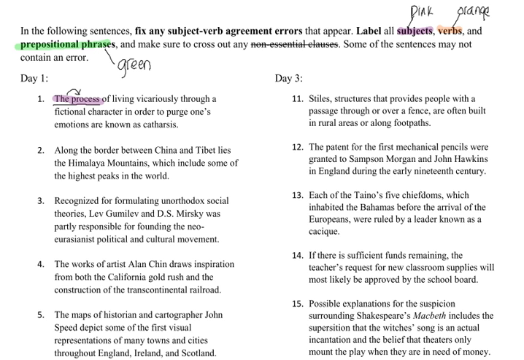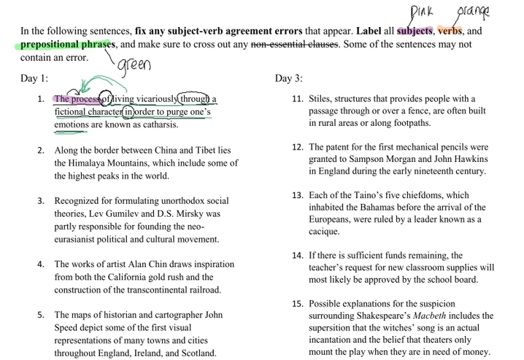That linking word of living vicariously through a fictional character in order to purge one's emotions. These are all prepositions linking additional information, telling us more about this process. This entire underlined section is a series of prepositions and the words they are linking, telling us more about that process. So the main sentence is, the process are known as catharsis.